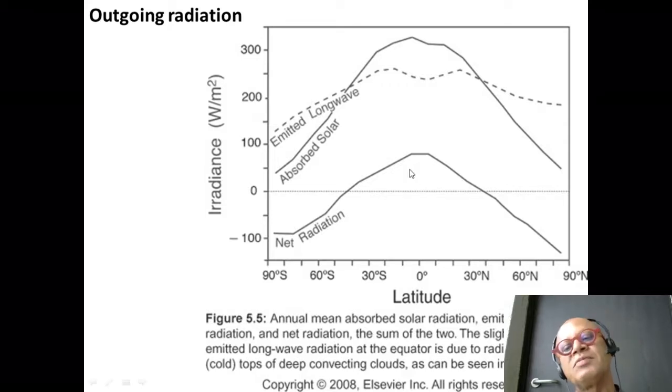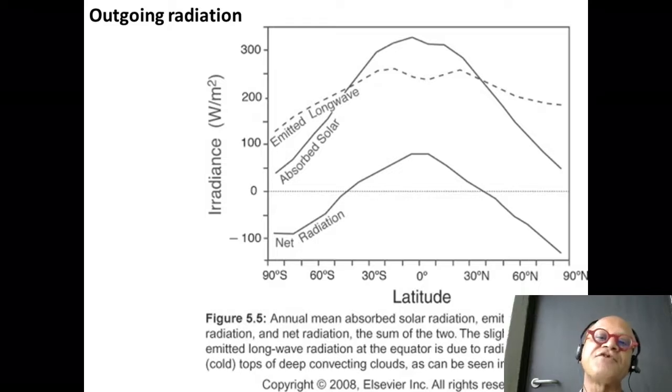So what does that mean? That means there are processes constantly moving energy from the latitudes of net energy gain to the latitudes of net energy loss. That's what gives us the weather and climate, as I've said already several times.